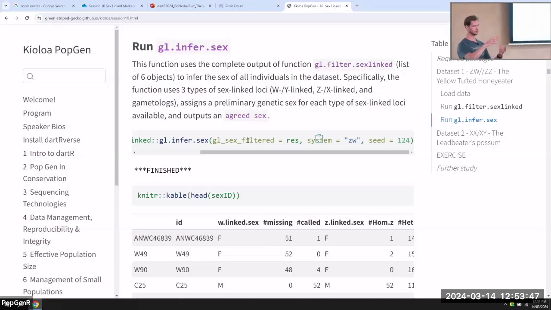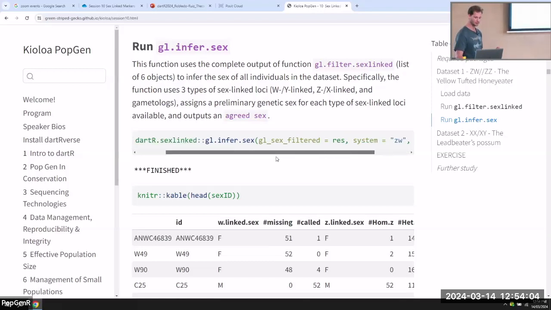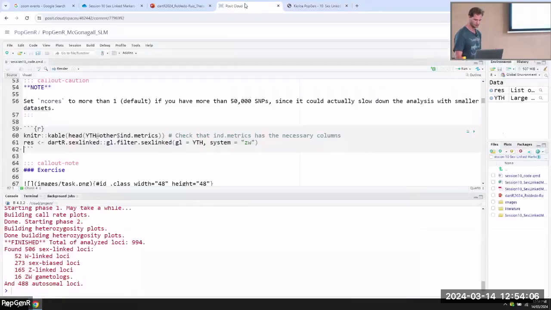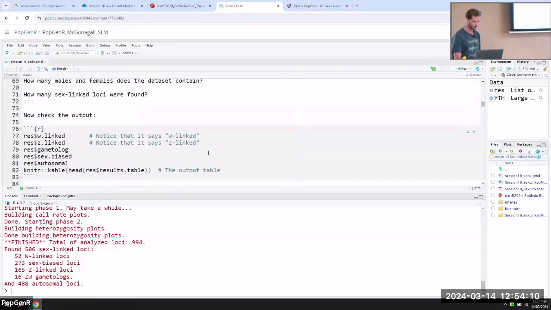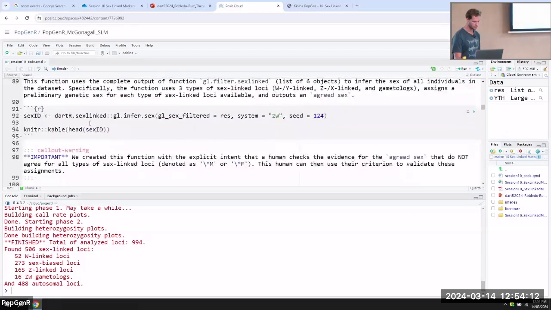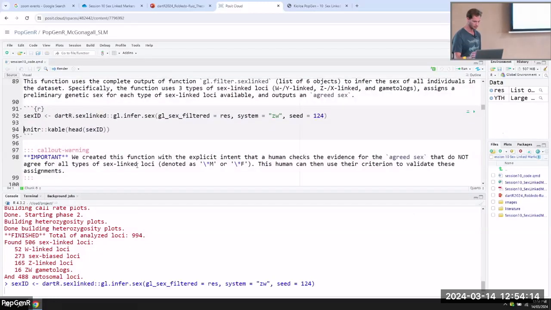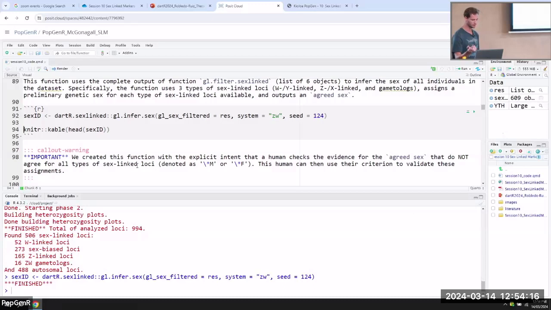So it takes all the different objects we created with the identified sex-linked markers in there, and you're still going to give it which sex chromosome system you expect, so ZW in this case. And then based on that, so maybe I'll just try and run it down here. Which again, quite fast to run.